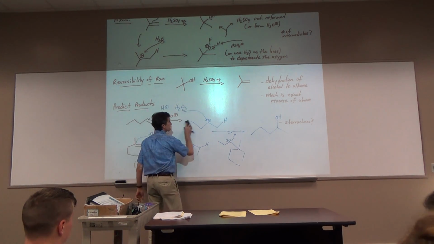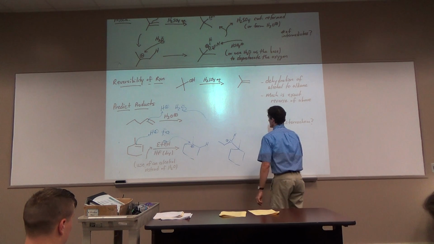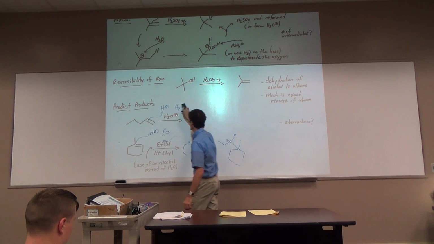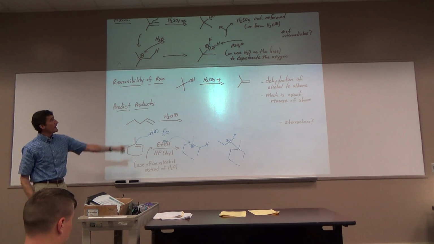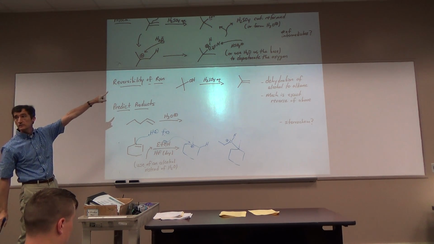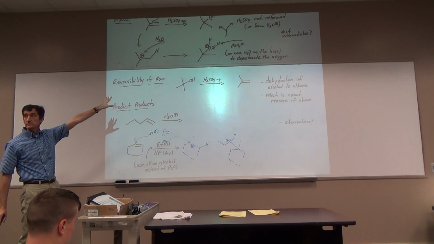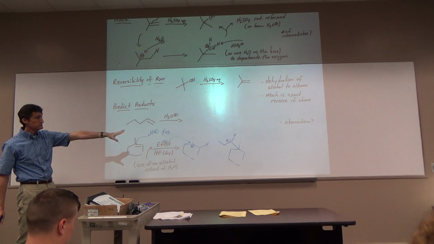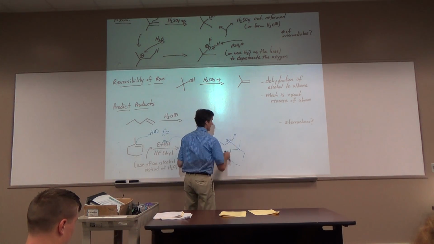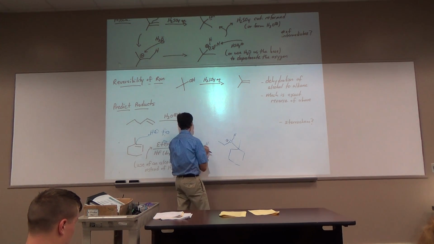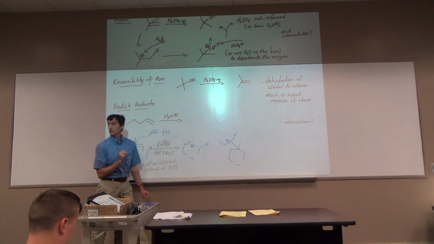Okay, well, that's a positively charged product. Typically, we want to go neutral. Can we go neutral? How did we go neutral up here? Something took an H from the oxygen. Well, it's the same thing down here. Something's going to take the H from the oxygen. What can take it? Somebody said water?